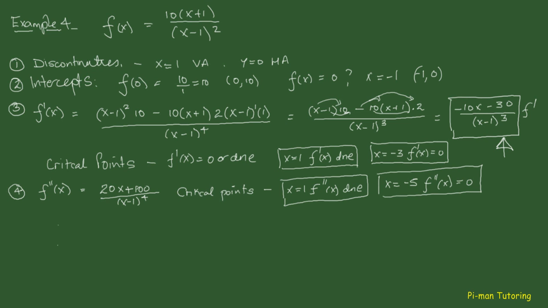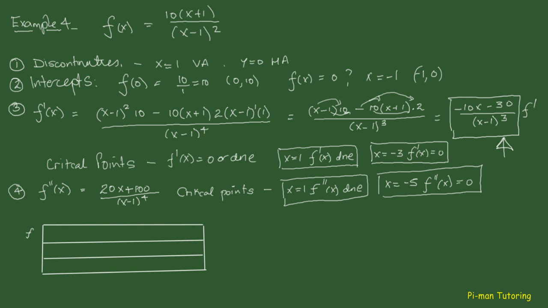So let's make the strip chart first. So we have f of x, f dashed of x, and f double dashed of x. Now, what are the critical points we need to mark on this chart?